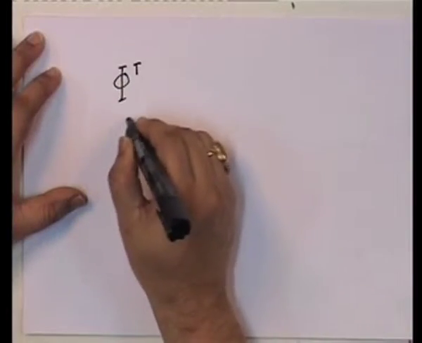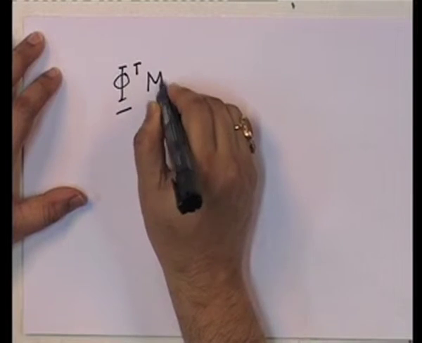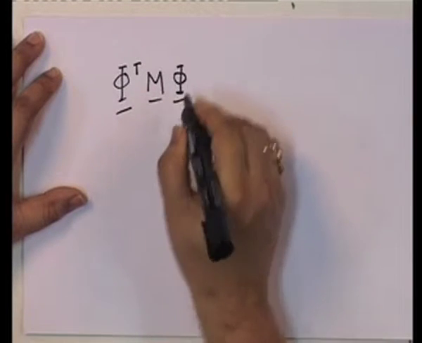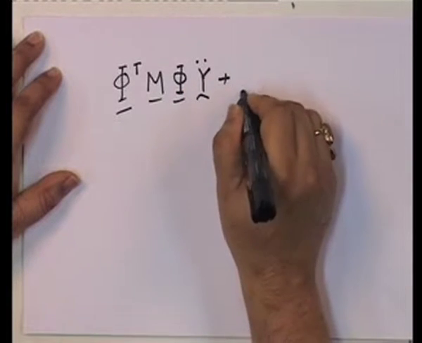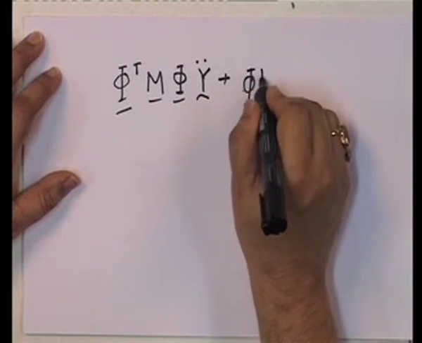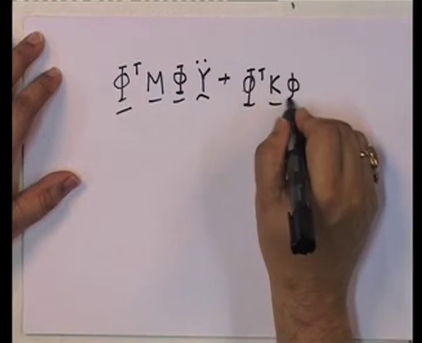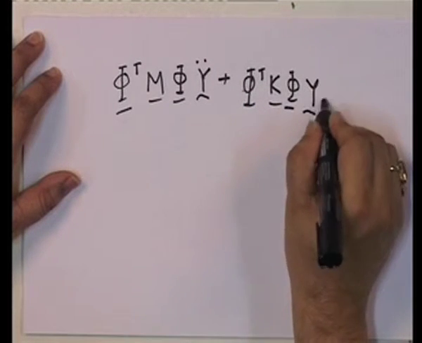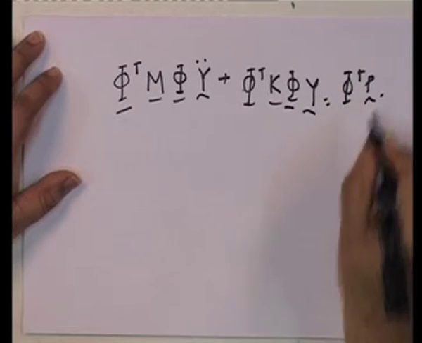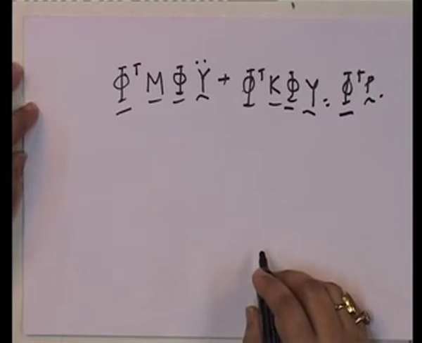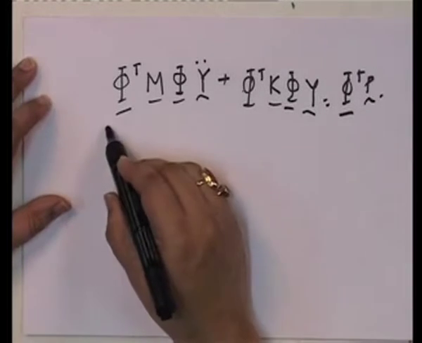Once I have put phi transpose m phi into y double dot plus phi transpose k phi into y is equal to phi transpose into p. Okay. What is this?